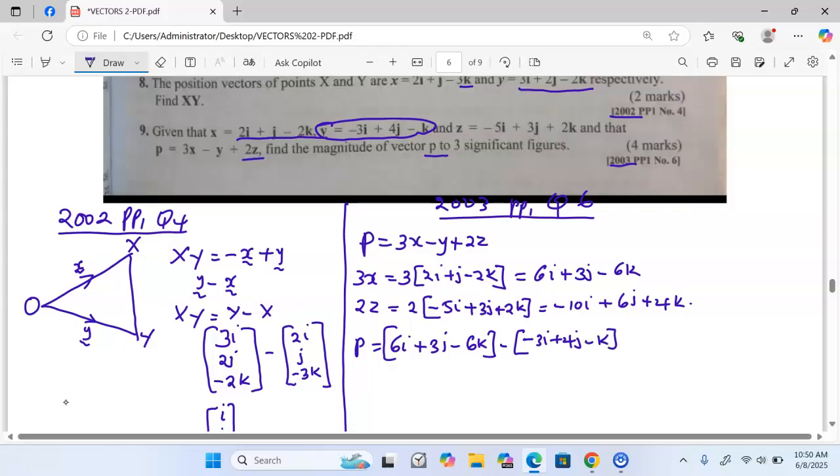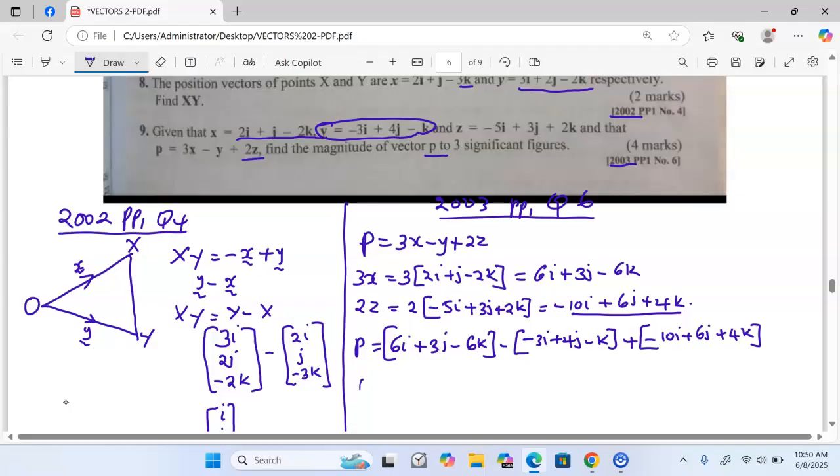Then we add twice z, and we have already found twice z as 10i plus 6j, and of course plus 4k.